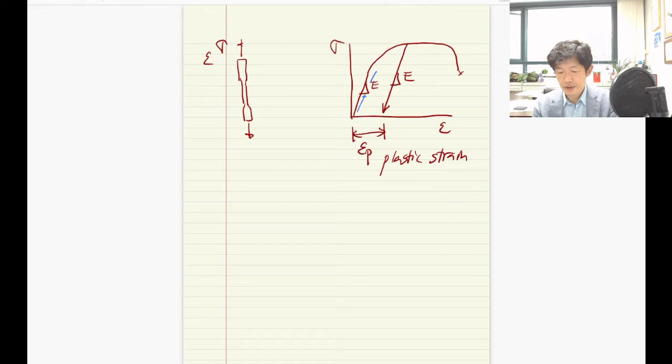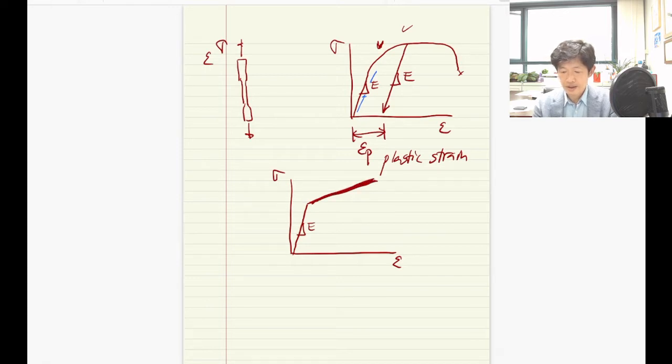Obviously that description is very complicated. Instead, in engineering design, we simplify the behavior using bilinear behavior. In the case of hardening material, we have a hardening here. So the elastic branch, and then this is called the hardening branch.